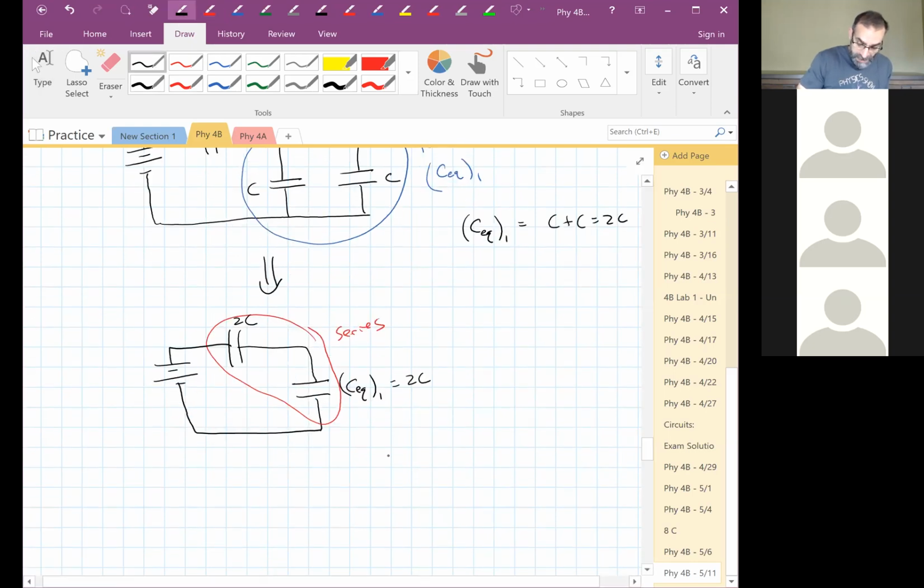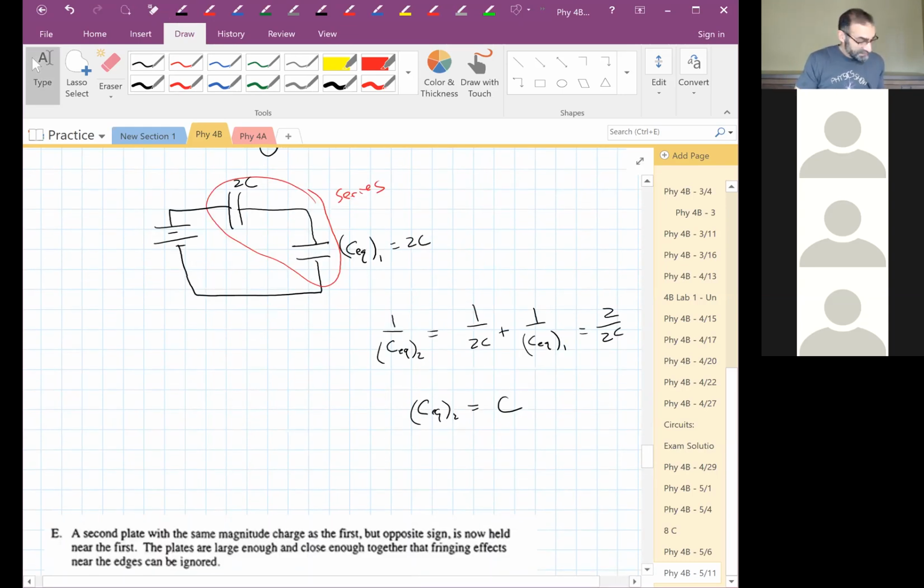So I say my C equivalent 2: that's 1 over 2C plus 1 over 2C, which is 2 over 2C, or just C. Don't forget at the end to take the reciprocal. So I could redraw this circuit if I wanted to as one equivalent capacitor.